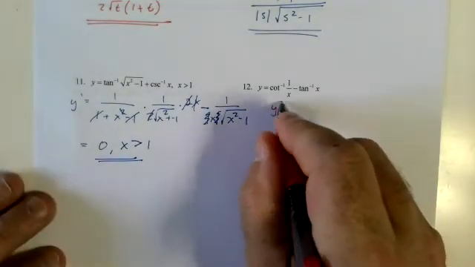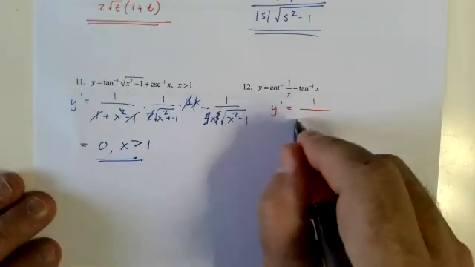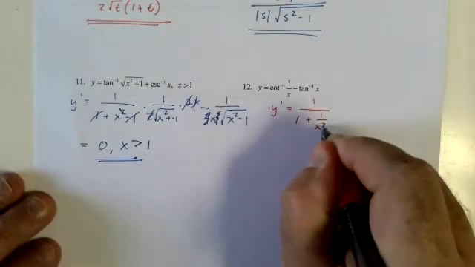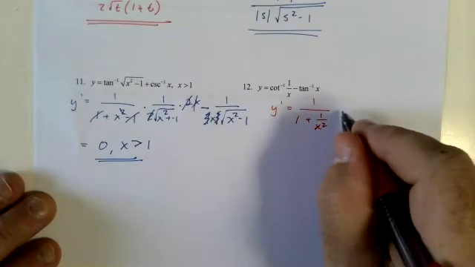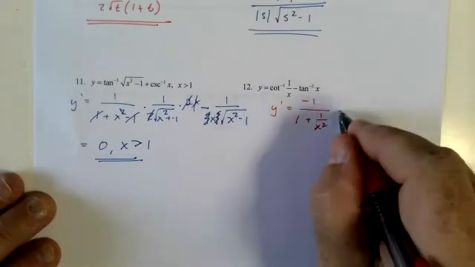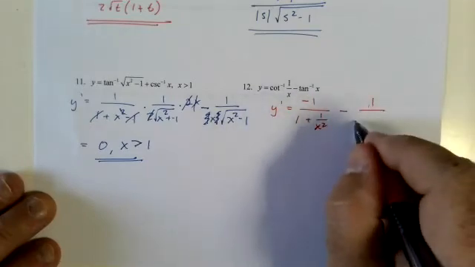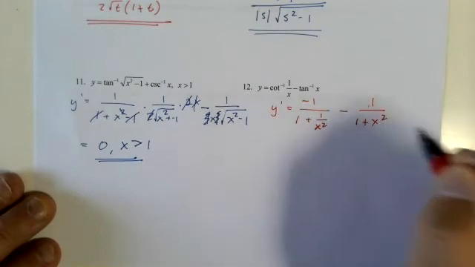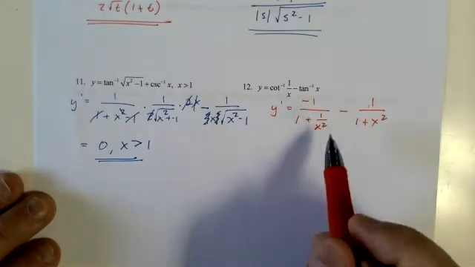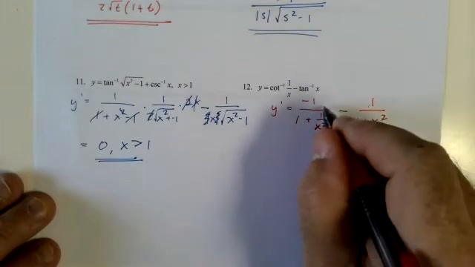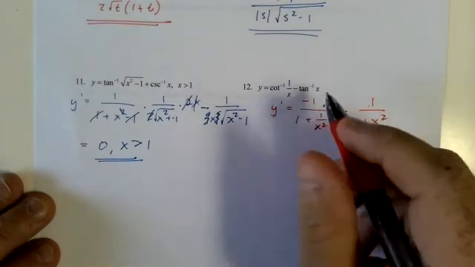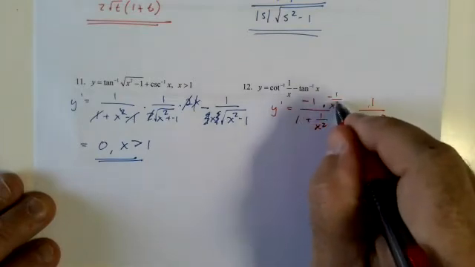And y prime equals 1 over 1 plus x squared, minus 1 over 1 plus x squared. I forgot my chain rule. Times negative 1 over x squared.